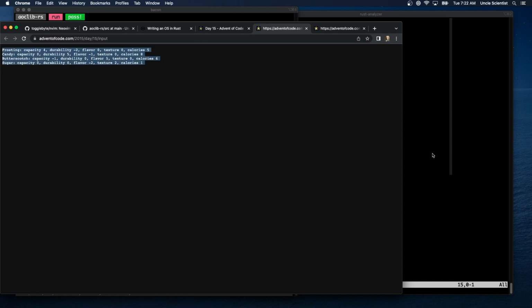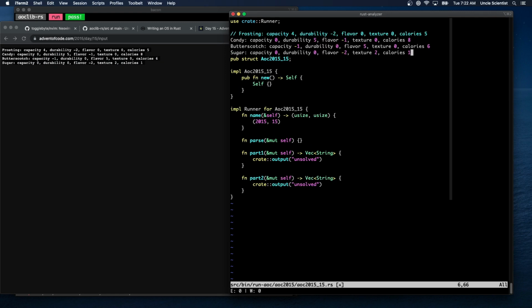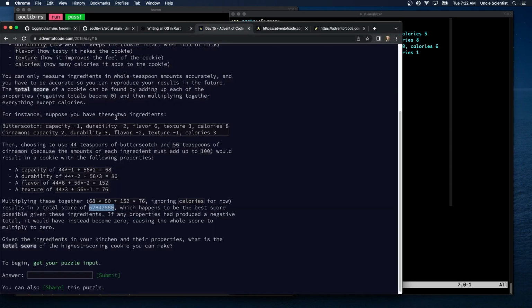Let's just copy it over here. I don't know if it's worth writing a parser for this, when we could just hard code all these values, right? We have frosting, candy, butterscotch, and sugar, and we're going to multiply.